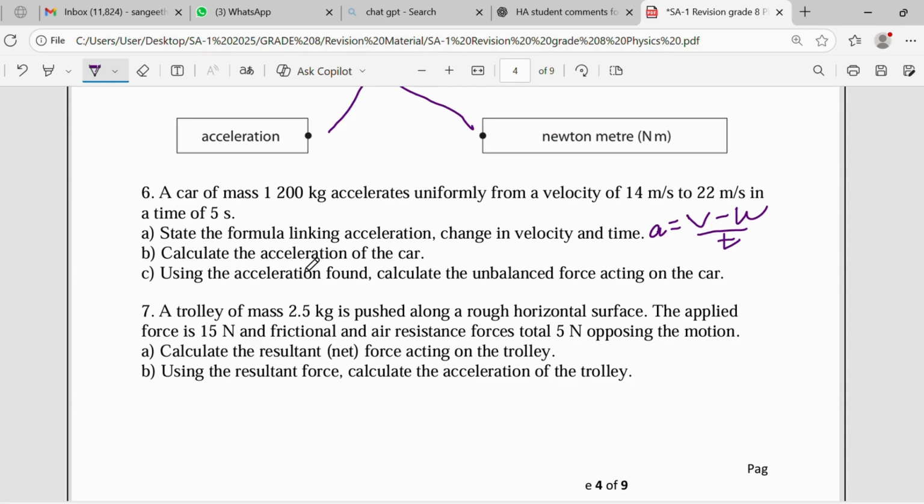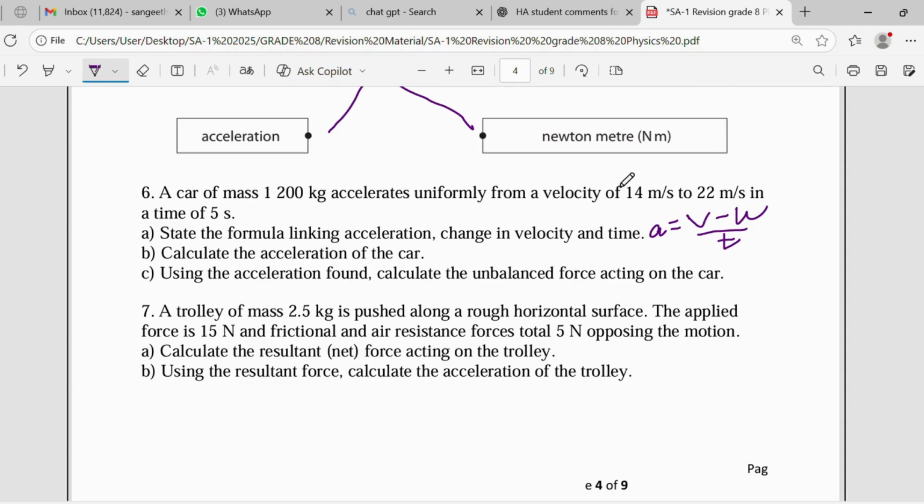Next one, we need to find out the acceleration. For that, you need the final velocity and the initial velocity. Let's look at the question here. We have two velocities. A car accelerates uniformly from a velocity of 14 meter per second to 22 meter per second.